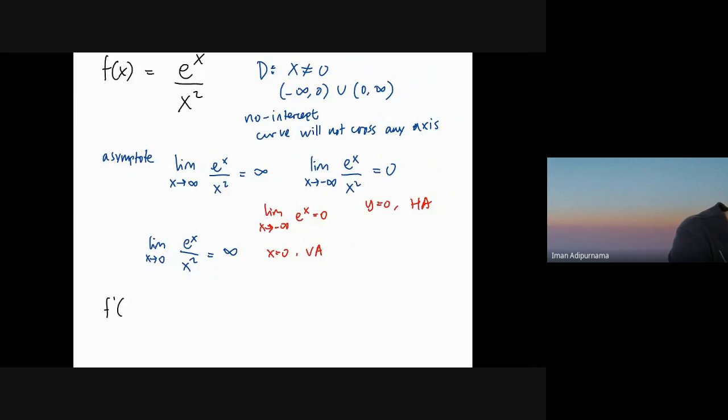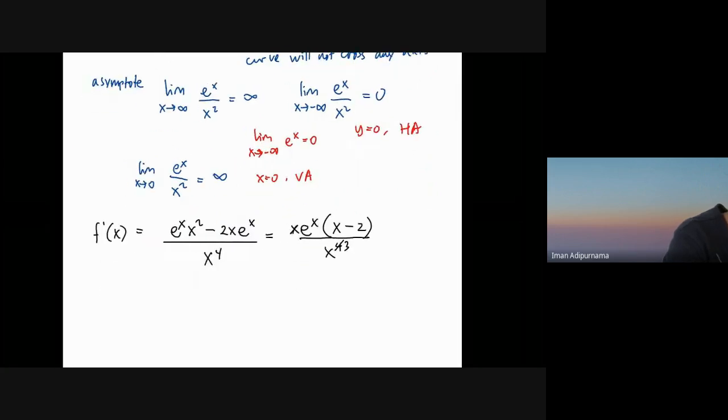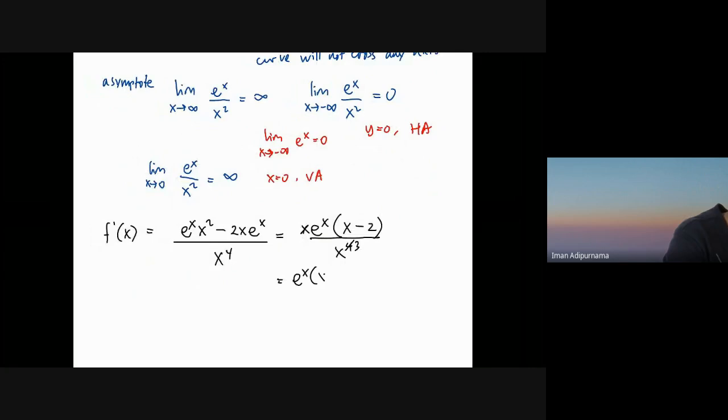And checking the first derivative, I will use the quotient rule. So I have this as our first derivative.